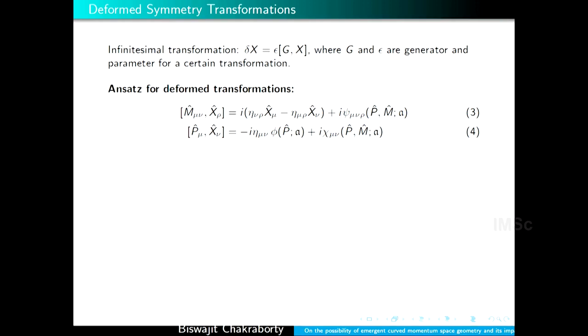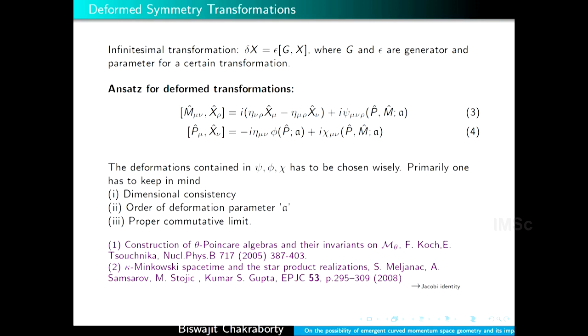So here the parameter a is occurring. So we require that whenever a tends to 0, these quantities will vanish. In the phi case, it will become 1, and psi and chi become 0 in the limit. So the deformation has to be chosen quite wisely in the sense that we should restore the commutative limit.